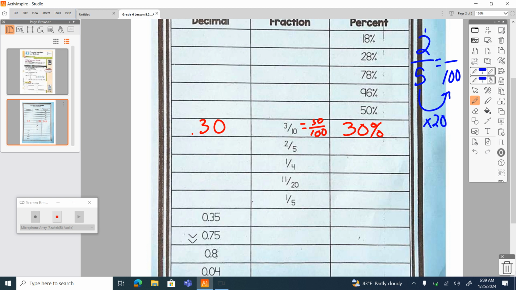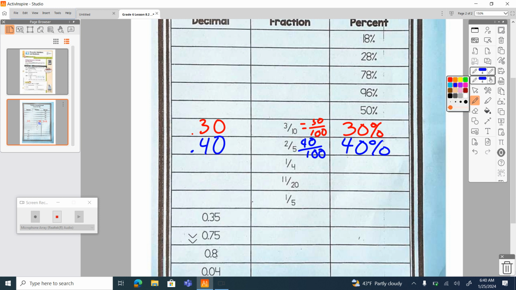So on the top, 2 times 20, that's 40 over 100. Okay, that's the way I would do it. I'm going to continue these, and then I am going to show you another way to do this. By the way, that means that this 40 over 100 is 40%, or 40 100ths.